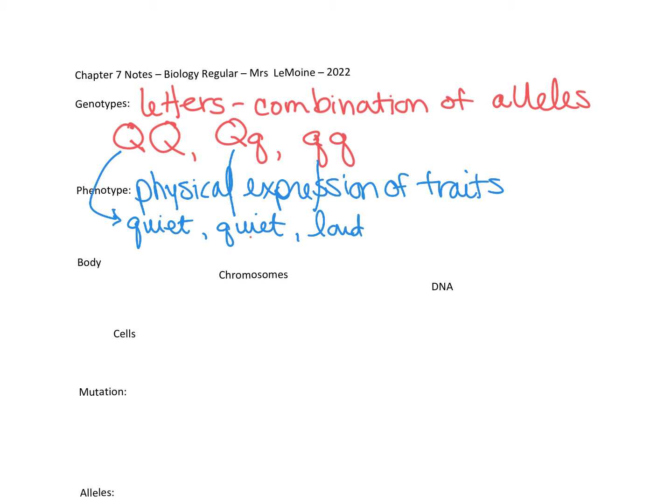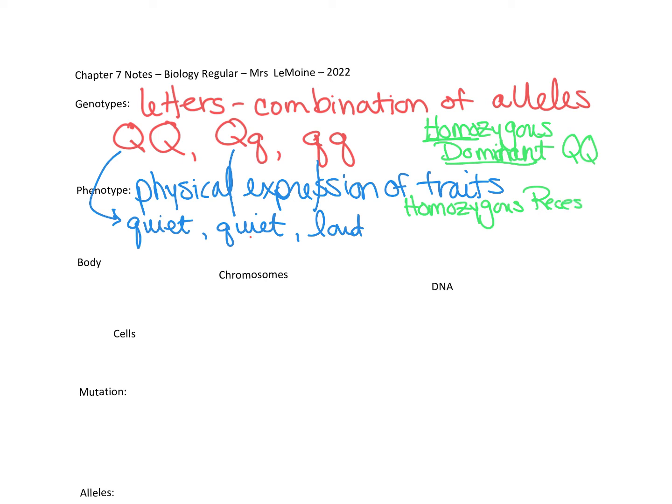Now, there's two other terms that we talk about when we look at genotype and phenotype, and that is homozygous dominant. Remember, the prefix homo means same, and dominant means that you're using big letters, so that would be big Q, big Q. You also have homozygous recessive.